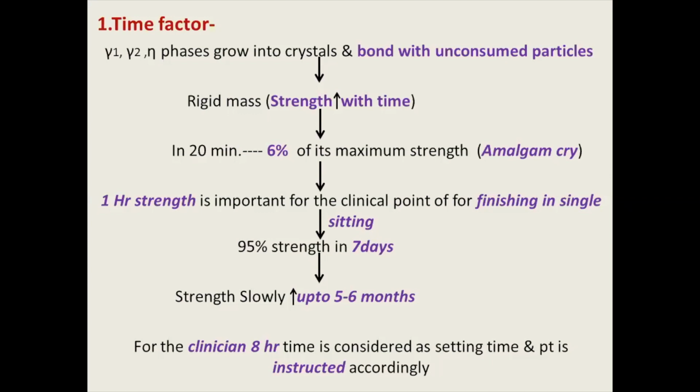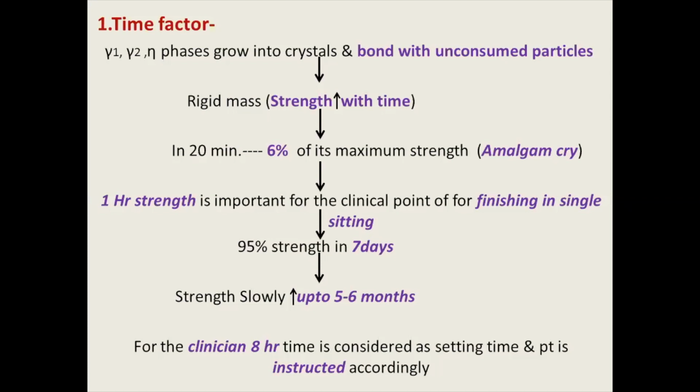As this procedure is going on, the strength is increasing with time. In about 20 minutes, the strength reaches about 6% of its maximum strength. Now here I have written amalgam cry. What is this amalgam cry?